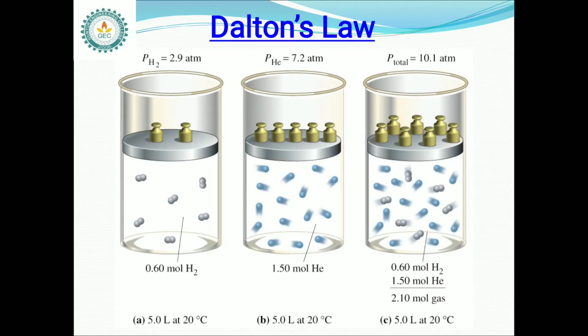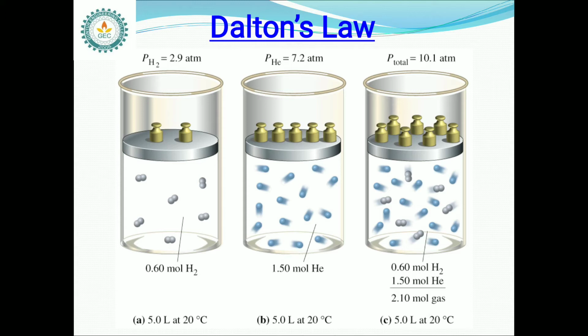Here you can consider this Dalton's law equation by placing different types of gases at a time in different containers. You can observe that in the first container we have taken hydrogen gas, in the second container we have taken helium gas, and in the third container we have P total, hydrogen plus helium.